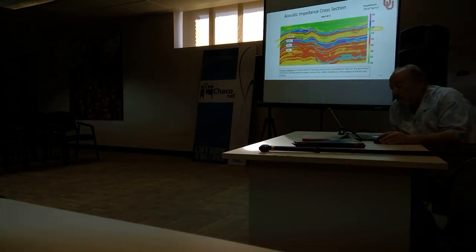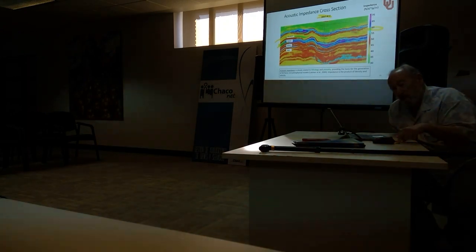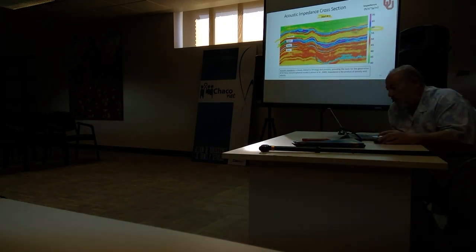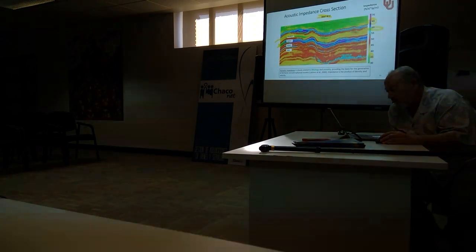And what you see is that there's variations, and this is a seismic line that was calibrated to a well log, and so we're able to convert this from a seismic amplitude line to an acoustic impedance line. So this is a measure of acoustic impedance, and the cool colors are high impedance, and the hot colors are low impedance.